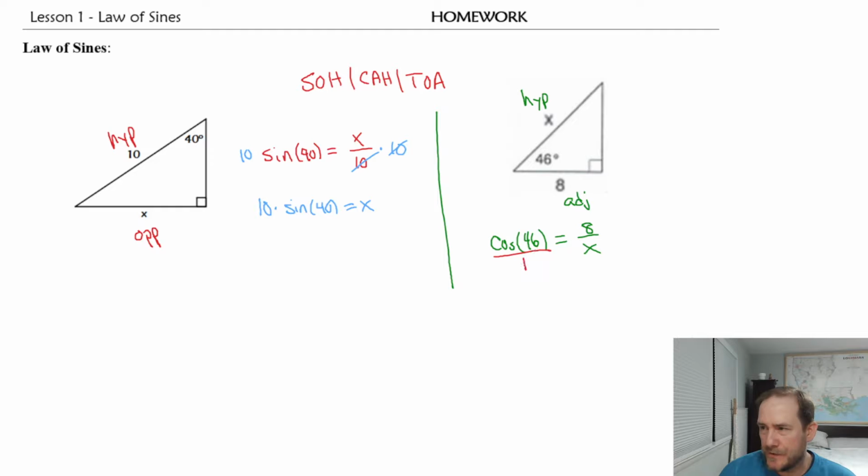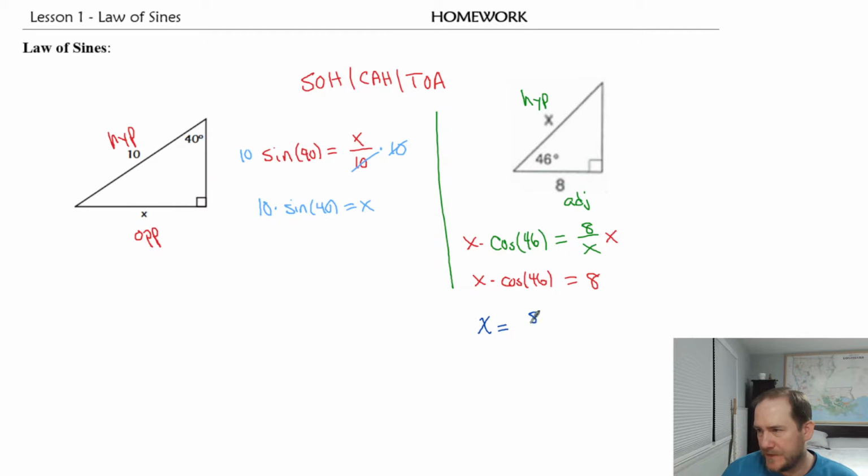We could throw this over 1. I usually imagine cross multiplying here. You don't need to do that. You could just imagine multiplying through by x. And that's fine. So now you've got x times the cosine of 46 equals 8. The x's cancel. Now you see that to actually solve for x, you have to divide both sides by cosine 46.